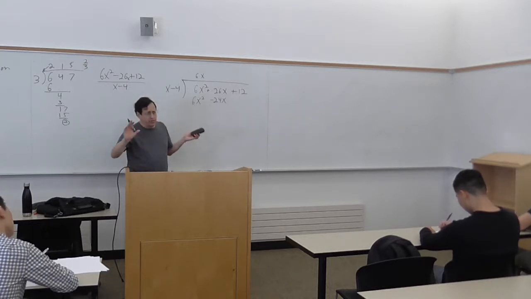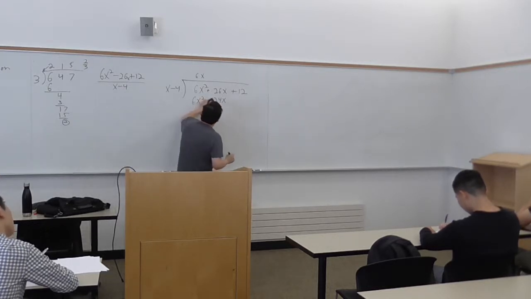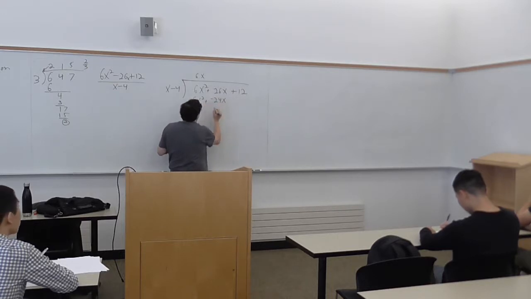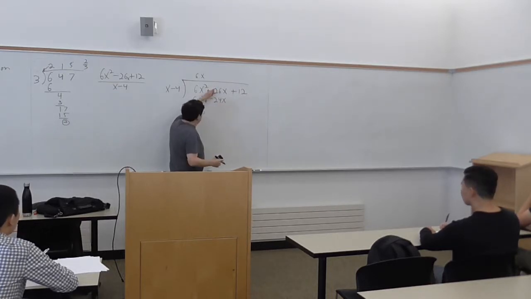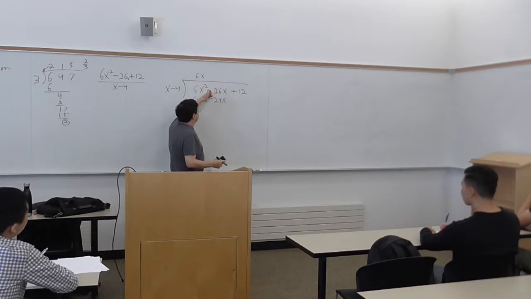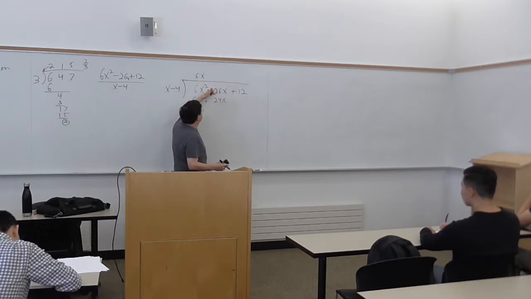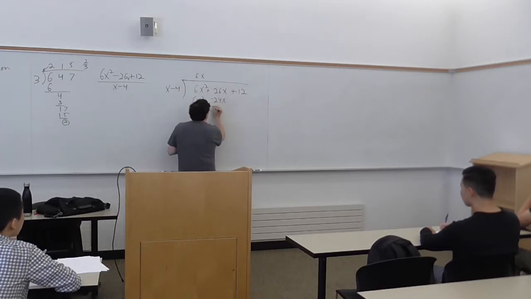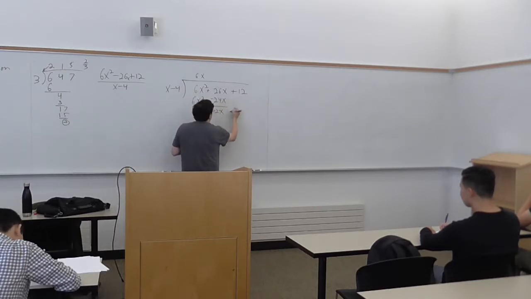If you don't have a problem with it, don't worry about it. Okay, so here, negative 26x minus negative 24x. Very clear what I'm doing. Negative 26 minus negative 24 is negative 26 plus 24. So that's just minus 2x.